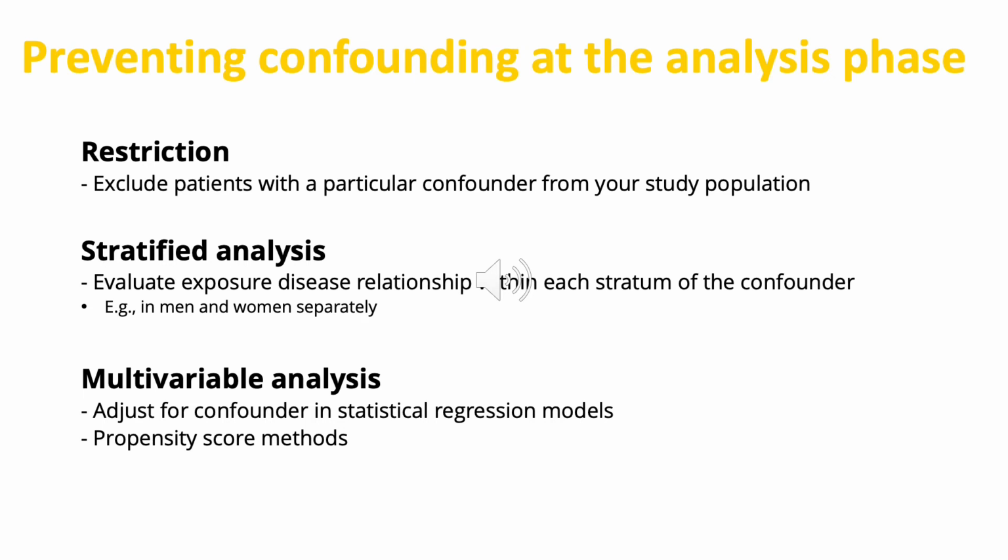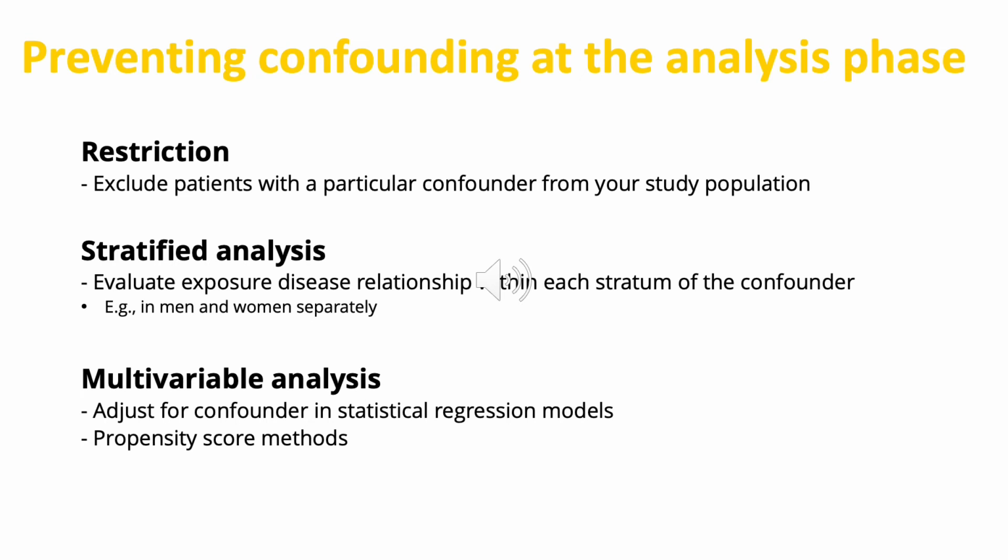You can conduct a stratified analysis. This just means that you evaluate your exposure-outcome relationship within each stratum of a particular confounder. So if sex is a confounder of a particular exposure-outcome relationship, you might want to calculate the relative risk for the medication and the outcome in men and women separately.